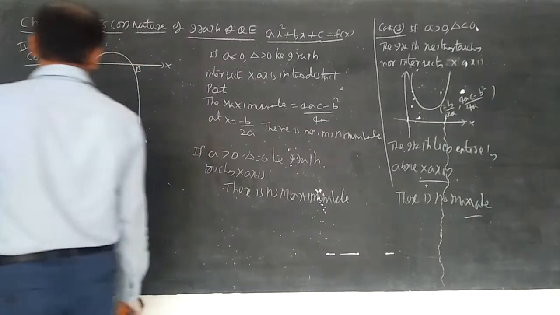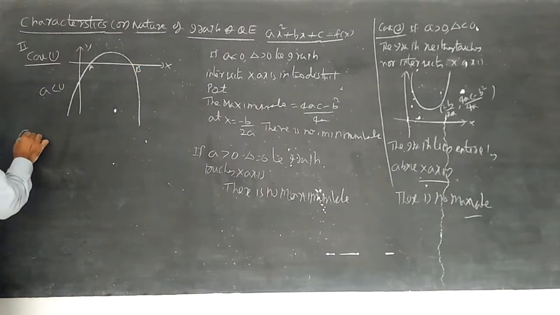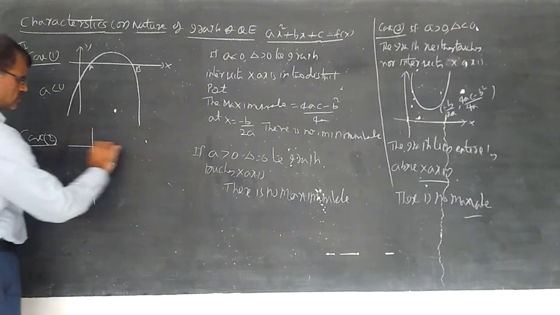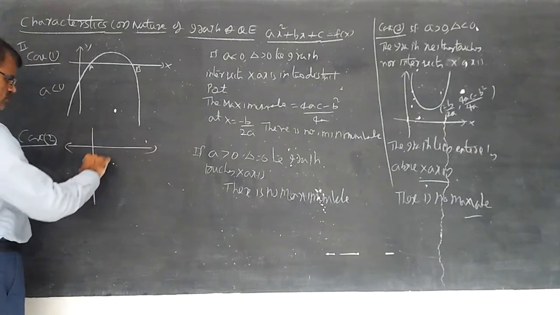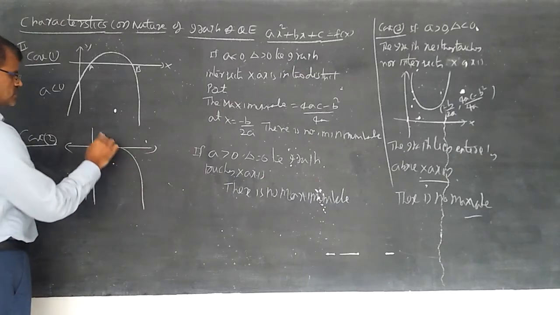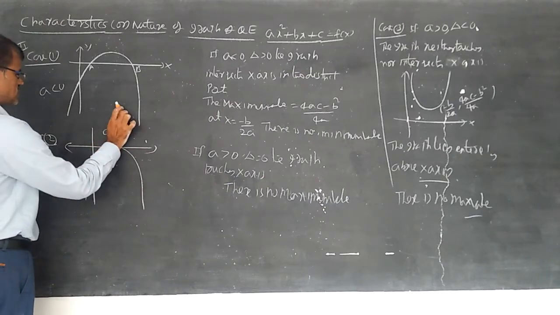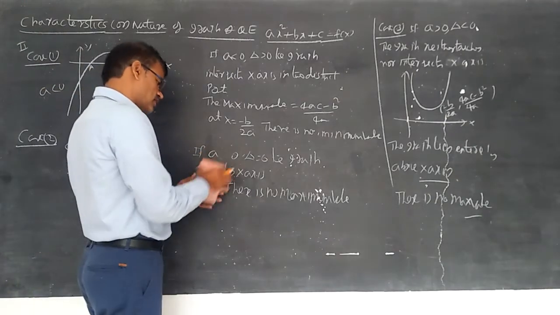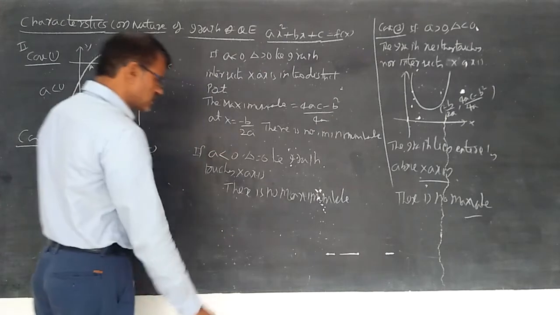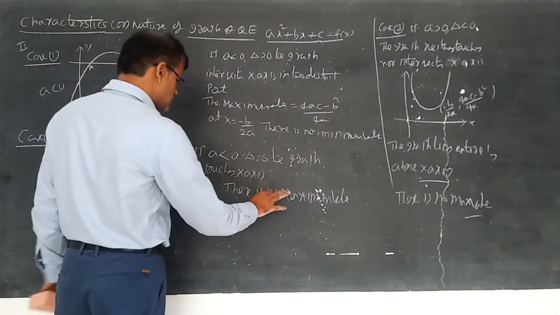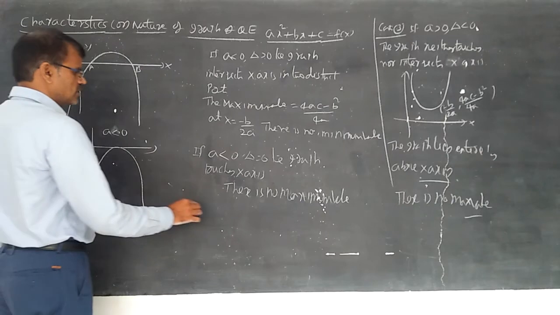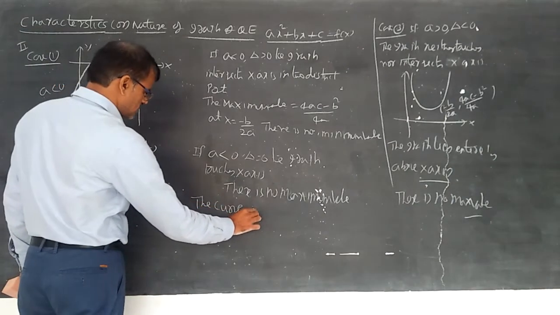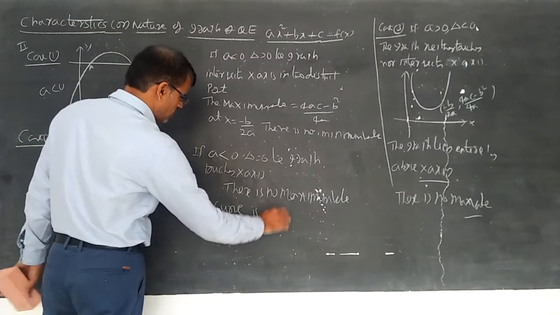Next one, second one, case 2. Draw like this. The condition: a less than 0, delta is equal to 0. The graph touches the x-axis exactly, and the curve is called a downward parabola.